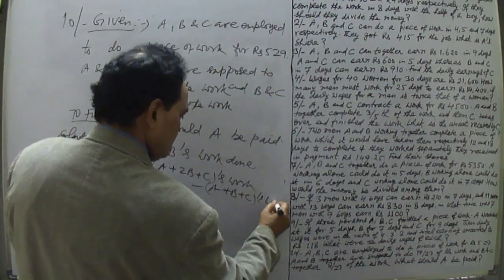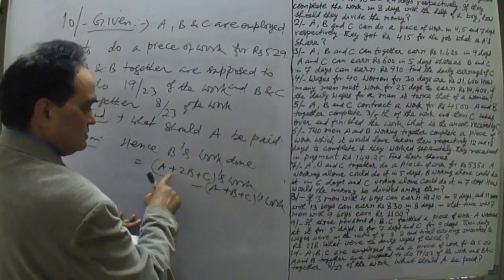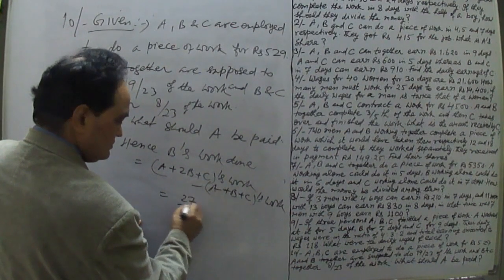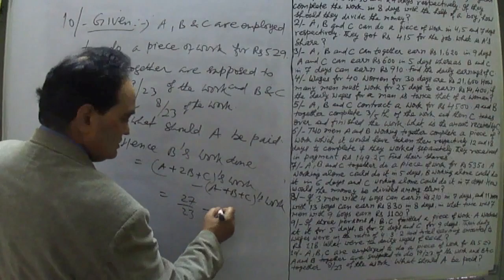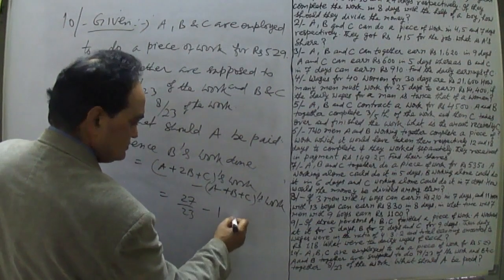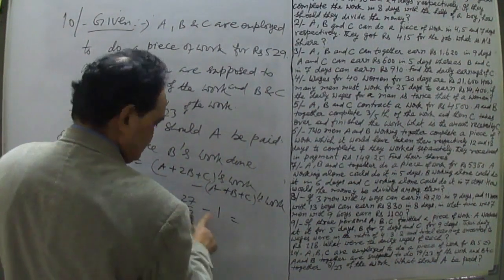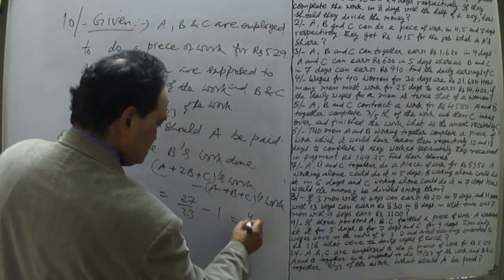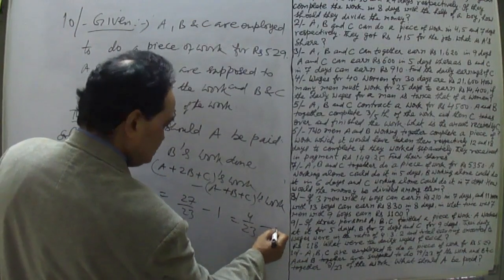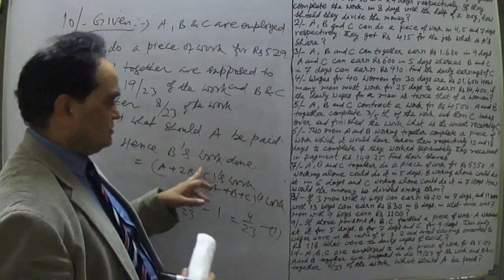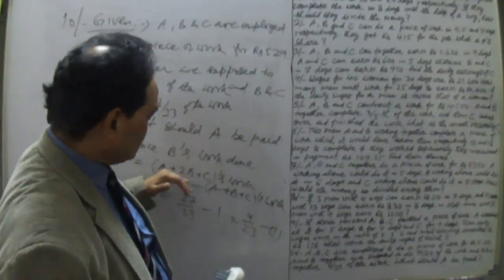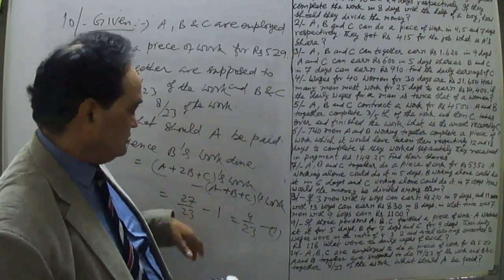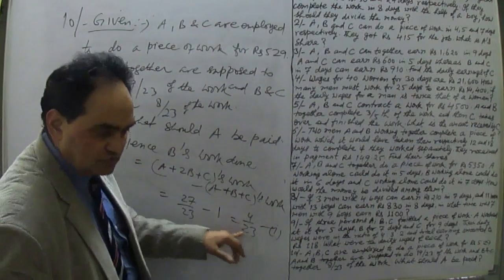A plus twice B plus C's work was 27 upon 23, minus the one work they have completed. So the difference is 27 minus 23, which is 4, so 4 upon 23. This is B's work. Why only B's work? Because A plus twice B plus C minus A plus B plus C will give us B only. So B's work is 4 by 23.